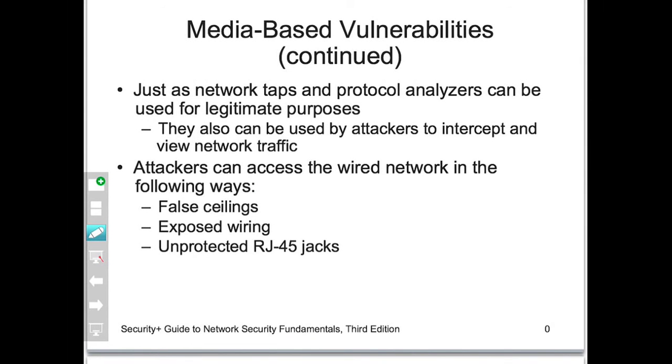So just as network taps and protocol analyzers can be used for legitimate purposes, guess what? They can also be used for evil. All the hackers do have these devices. Most of them are software based, but some are hardware based as well.